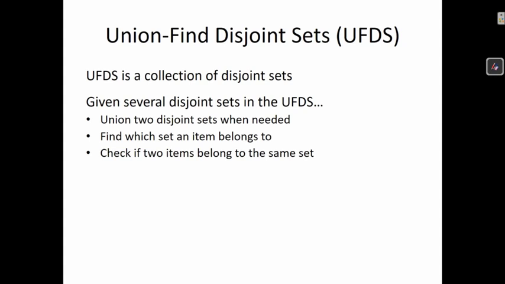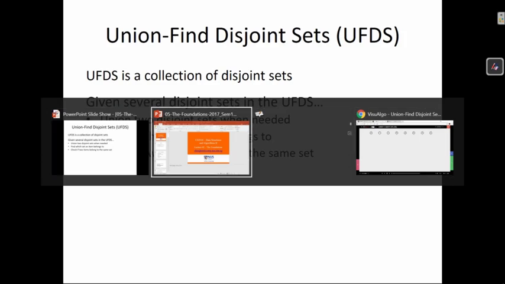Given a collection of disjoint sets, you can do a few things. You can union 2 disjoint sets when needed to form one set. You can find out which set an item belongs to. And you can check if 2 items belong to the same set. So it's quite a simple data structure.